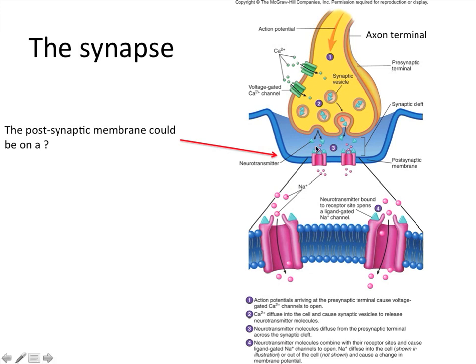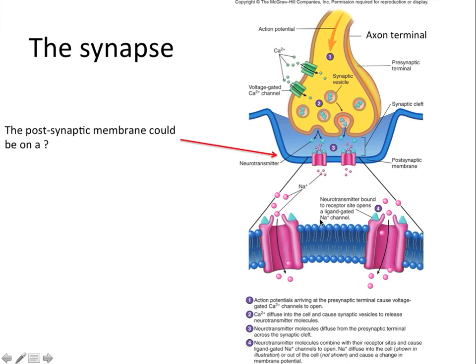So what happens when the neurotransmitter starts to bind to these receptors that you can see here? The receptor actually opens. And so what happens when the receptor opens is that these ions will actually flow through it. And these ions could be stimulatory or inhibitory.